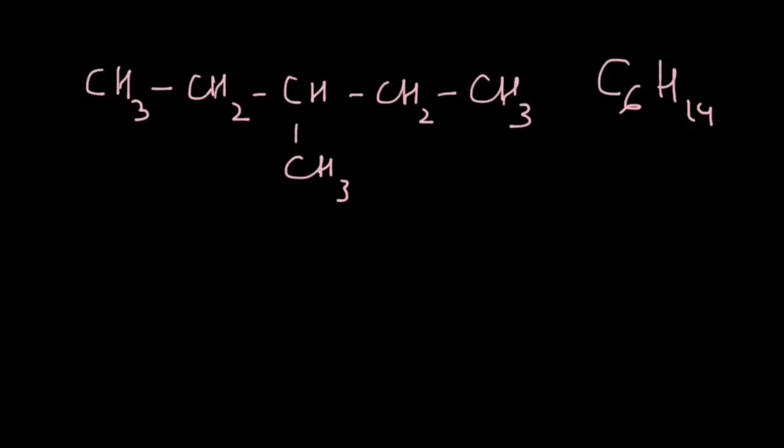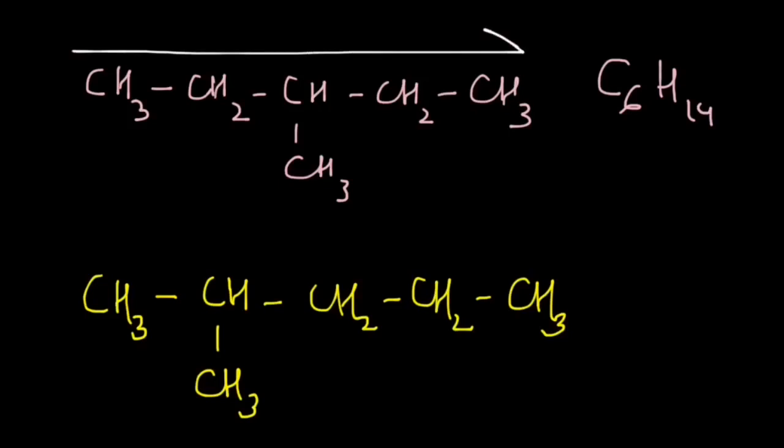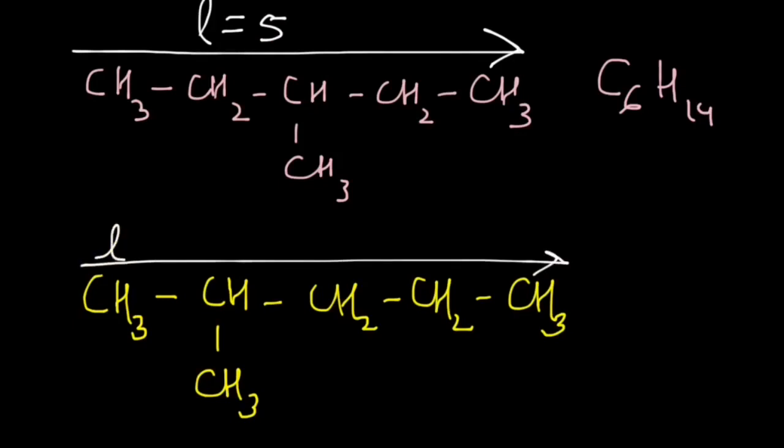If I take another compound with the same molecular formula but a different structure, like CH3CH(CH3)CH2CH2CH3, then to decide whether they are chain isomers or not, look at their parent chains. The parent chain for the first compound has a length of 5 carbon atoms. Similarly, the parent chain for the second compound also has a length of 5 carbon atoms. We can also verify this by writing their IUPAC names.